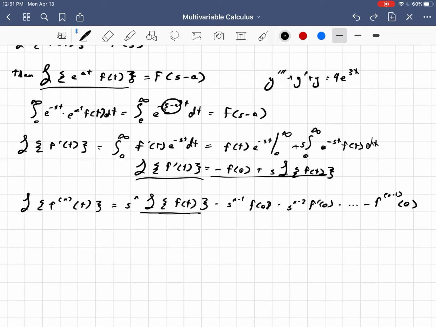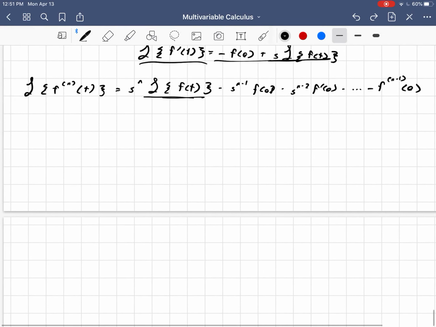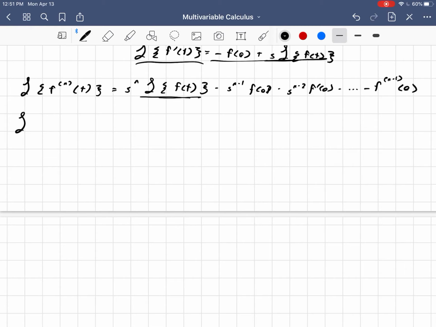All that stuff's a constant. And so you could solve for the Laplace transform of f of t, and then just undo it and get your y, or your f of t. So that's what makes the Laplace transform a very, very powerful tool for solving differential equations.